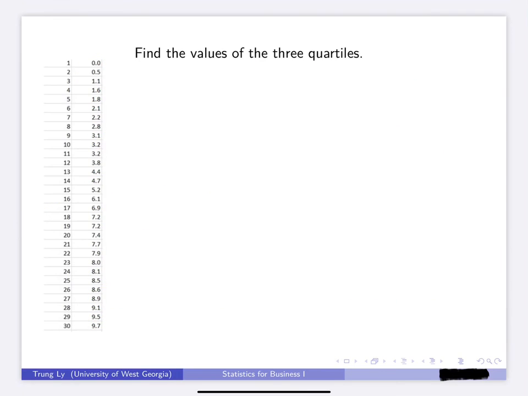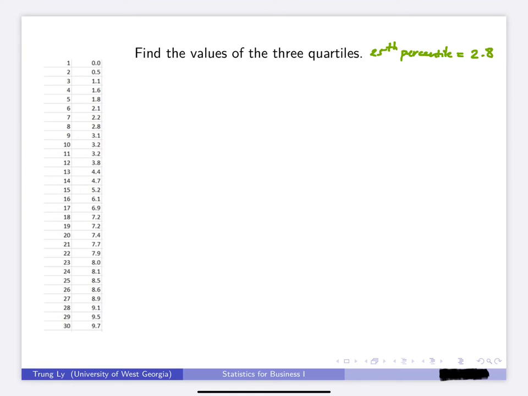So now let's look at the definition for just a little bit. Based on what we just did, we know that the 25th percentile is equal to 2.8.